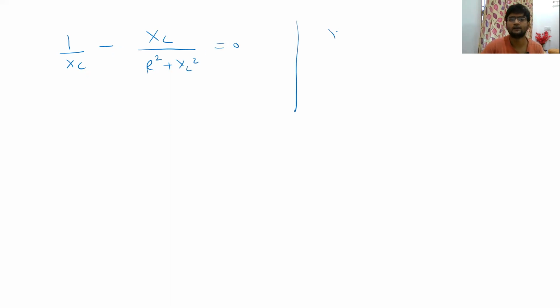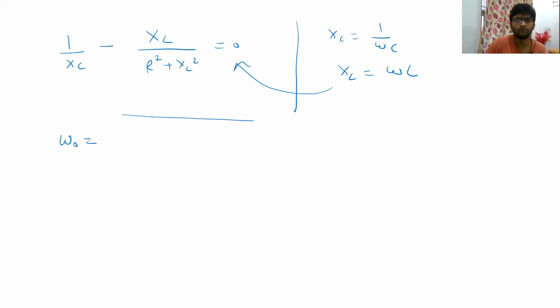We know that XC is 1 upon omega C and XL is equal to omega L. So you just put them here and solve it. I'm just calling this omega as omega naught in the case of resonance frequency. So what I will directly get is omega naught is equal to under root 1 upon LC minus R square upon L square.